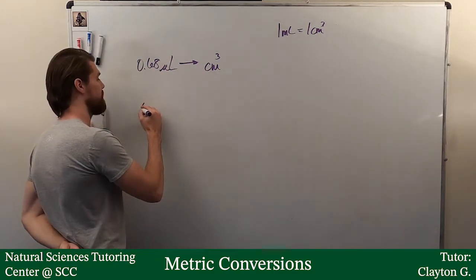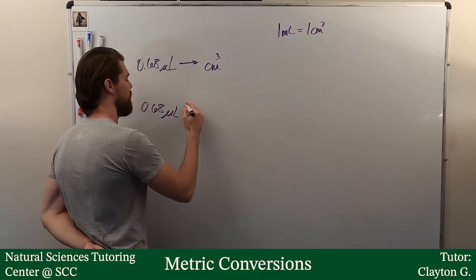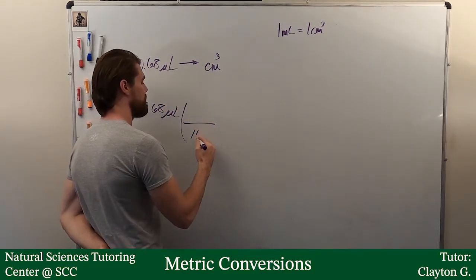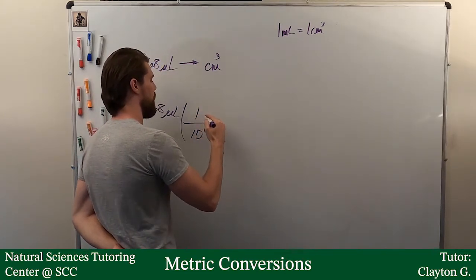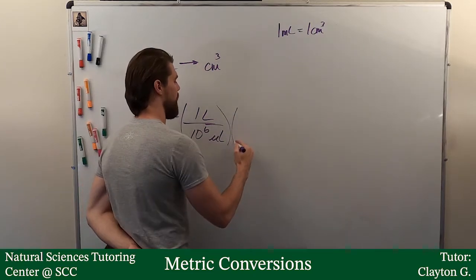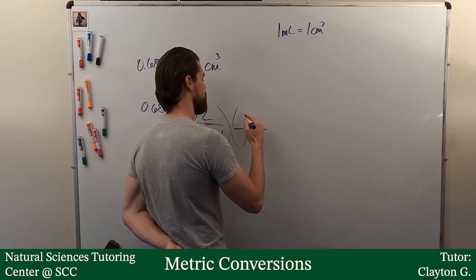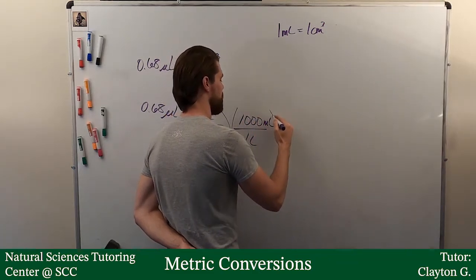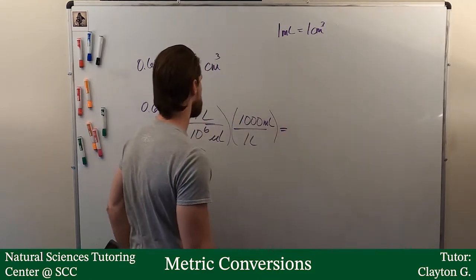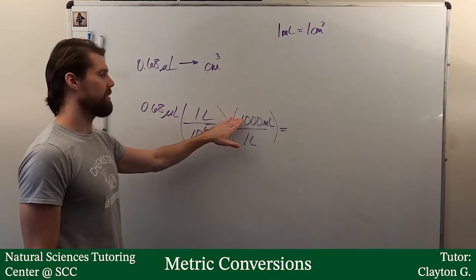So in this case, we have 0.68 microliters. I know that there are 10 to the 6th, that's a million, microliters in 1 liter. And I know that for every 1 liter, I have 1,000, or 10 to the 3rd, milliliters. Okay, so now 0.68 divided by a million times 1,000.